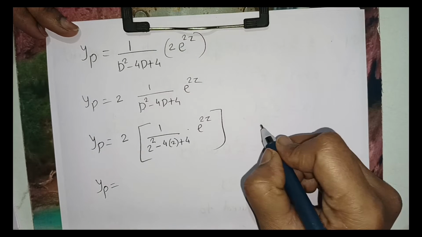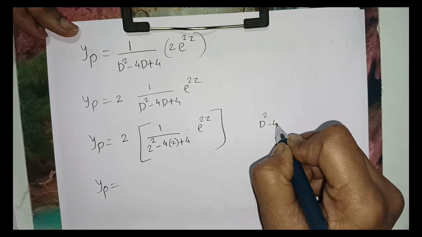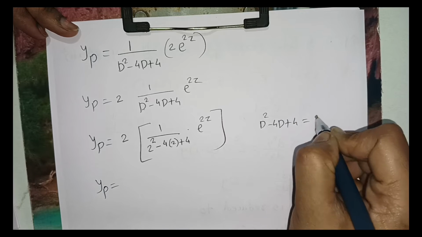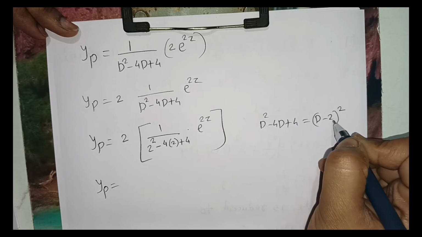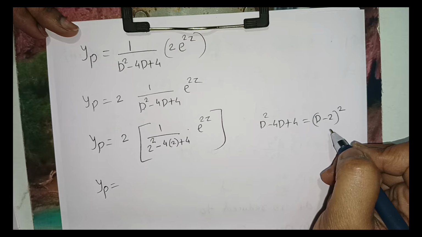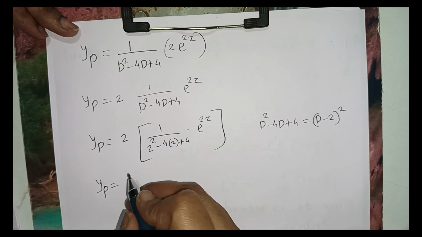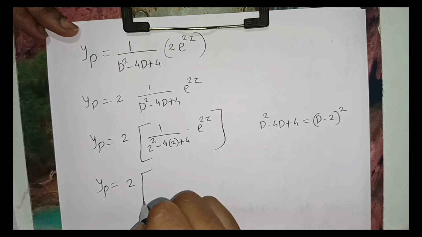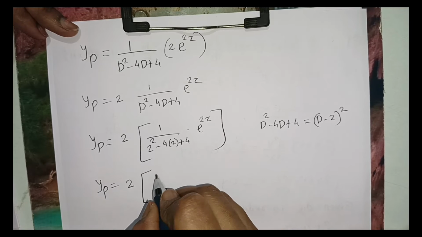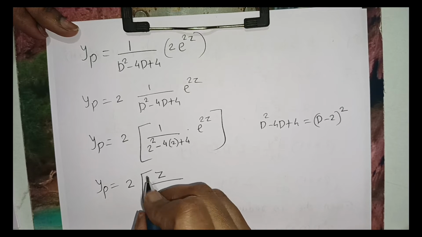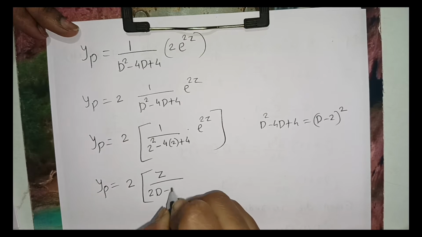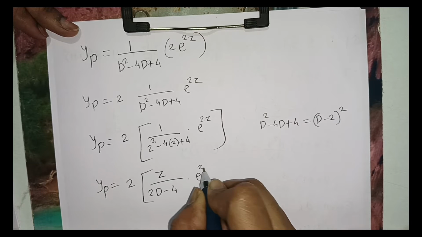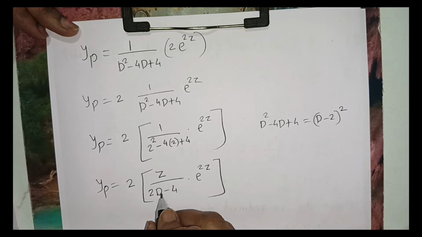Now you have D squared minus 4D plus 4 equal to (D minus 2) whole squared, so you will have a case of failure 2 times. That means 2 times z by (2D minus 4) operating on e raised to 2z. Again this is 2D minus 4; after replacing D by 2, again you will have a case of failure.